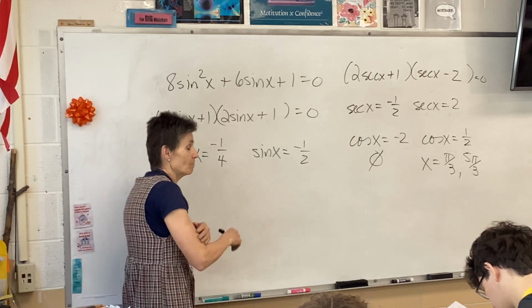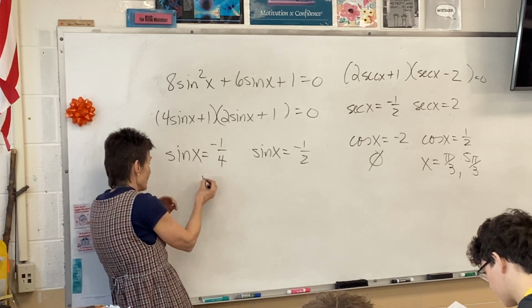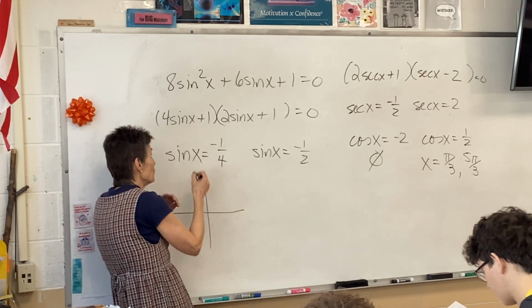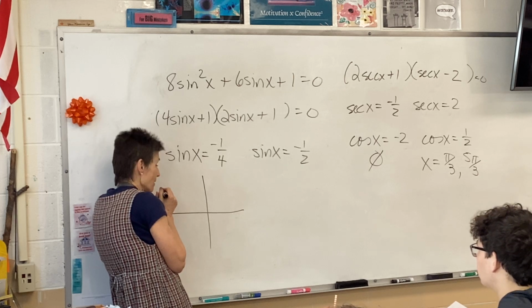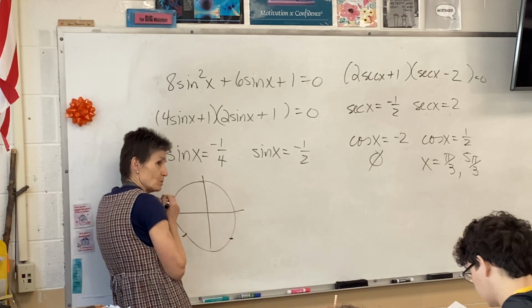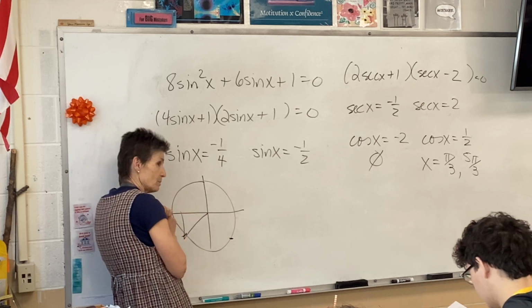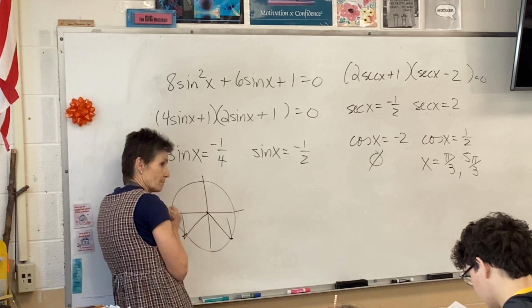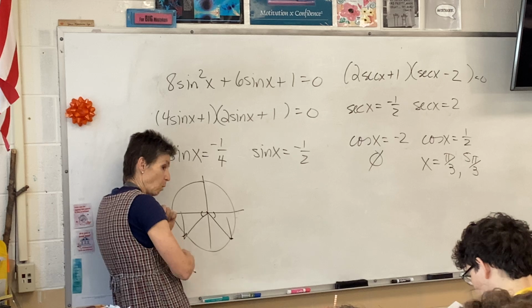Okay, so before you start typing, stop and think about what's happening. You have a negative sign. That is gonna happen down here or down here, would you agree? So the angle we're talking about, whatever that angle is, I gotta make sure I put it in the right quadrant.